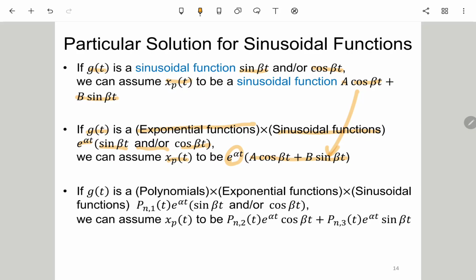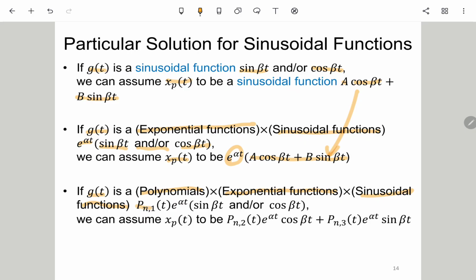And then the most complicated case is if g of t is a polynomial times the exponential times the sinusoidal. Of course, I don't think it will occur, but mathematically it is okay to solve, although it is too horrible.